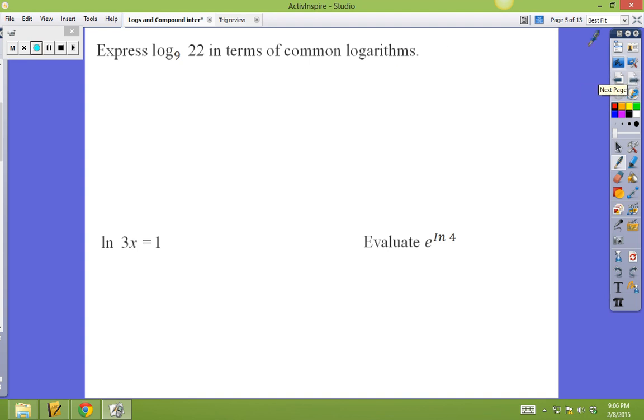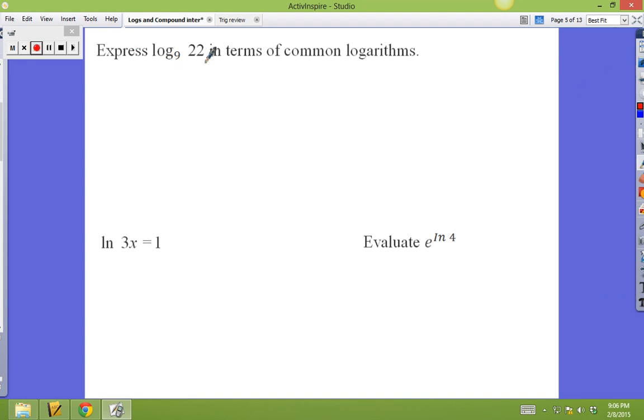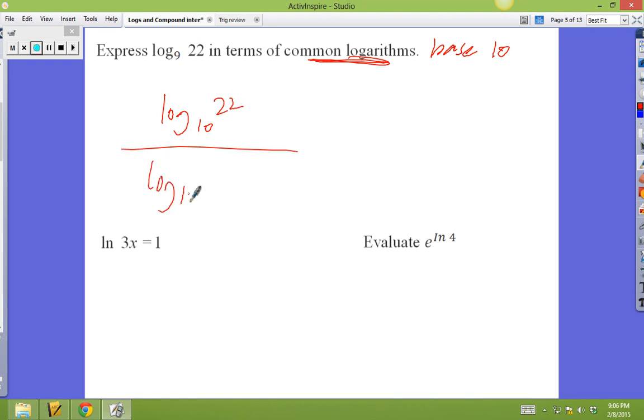Okay, these three problems. Express log in base 9 of 22 in terms of a common log. Okay, the common log is base 10. So right now we're in base 9. We need to express this in terms of base 10. So there's a change of base formula that's pretty easy. If I want to change this base to 10, I simply take log in base 10 of 22 and I divide it by log in base 10 of 9.